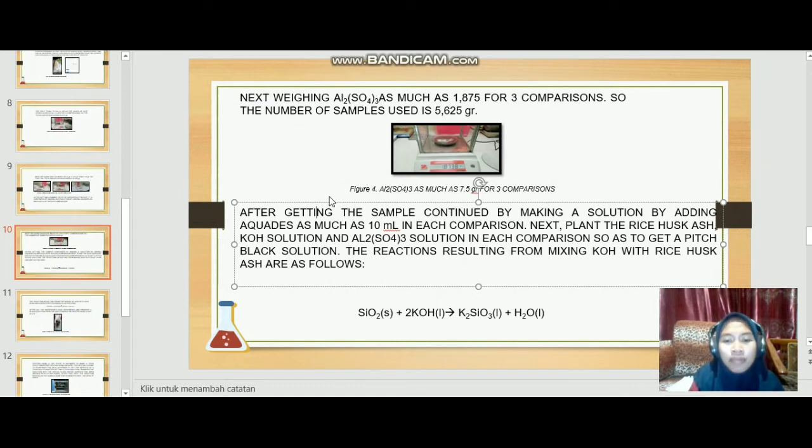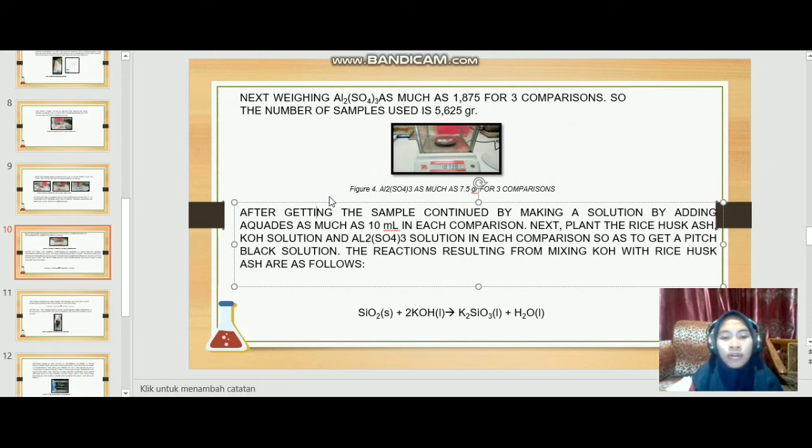After getting the sample, we continue by making a solution by adding aqueous as much as 10 ml in each comparison. Next, blend the RHA, KOH solution and Al2(SO4)3 solution in each comparison so as to get a pitch black solution.